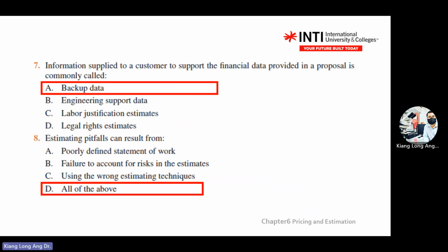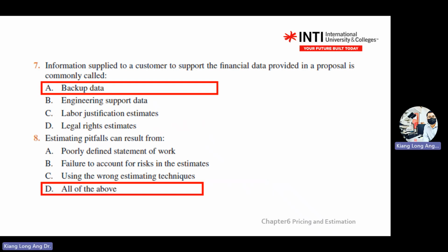Or all of the above. Estimating pitfall can result from means you have an error in your estimation. Which one is the possible reason? Poorly defined means you do not understand what you're doing, which can result in error. Failure to account for risk also, because if you don't consider the 5 risks just now, then the numbers in your proposal might not be correct.